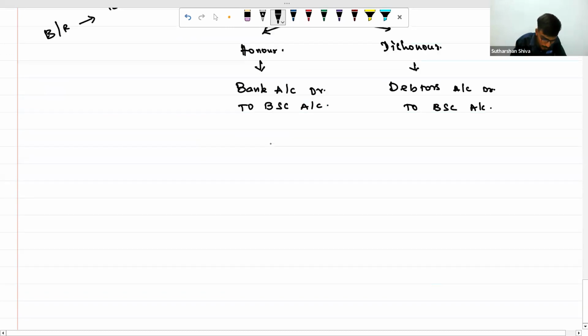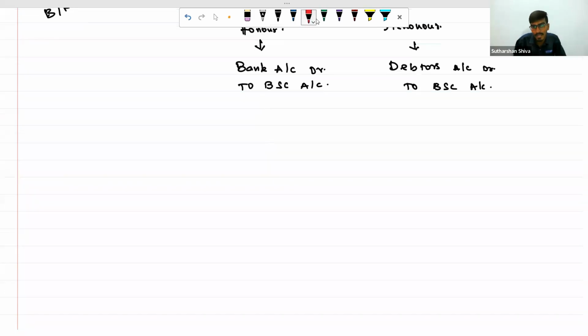Okay, so here there may be a journal entry for recovery of bad debt. I may think I may not receive the amount. After a few months, they themselves come back and are ready to pay this amount.